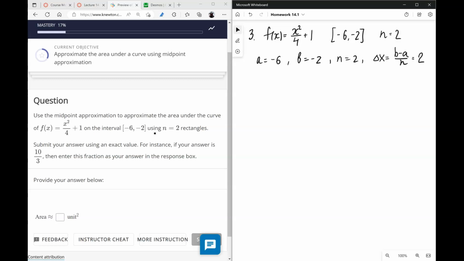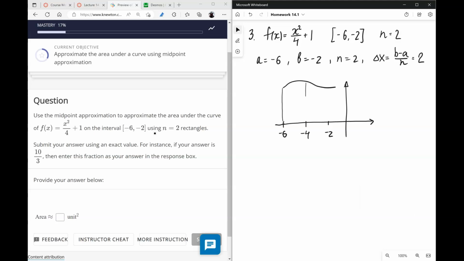And so we can draw some random graph to represent our graph on the interval from -6 to -2. For example, this is -6, this is -2, and since we only have two rectangles, this is going to be -4, and we have some, let's say, random function.